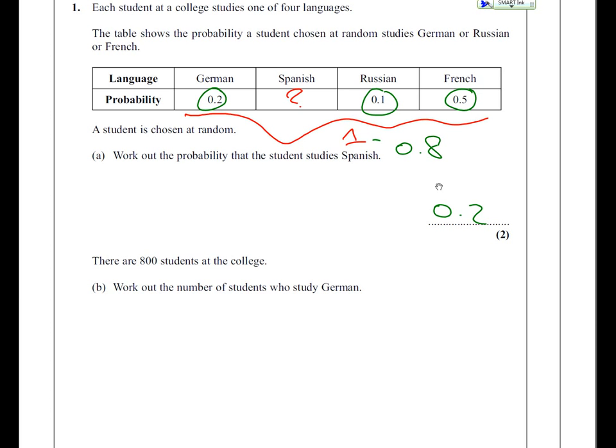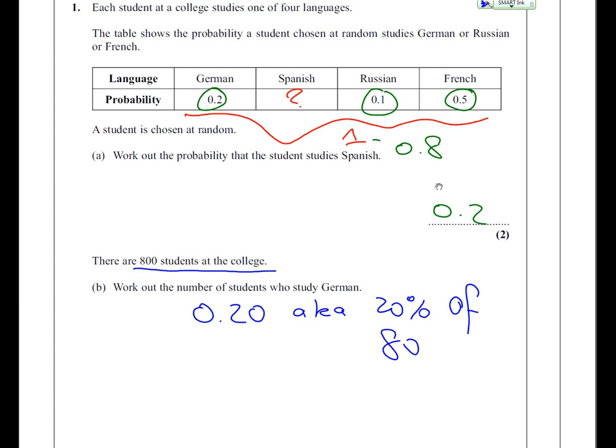Okay, next part. If there are 800 students at the college, work out the number of students who study German. So you want 0.20, aka 20% of 800 students. What you can do to find that is 0.2 times your total number of students.